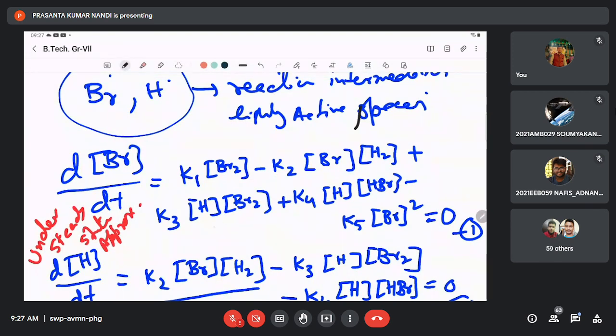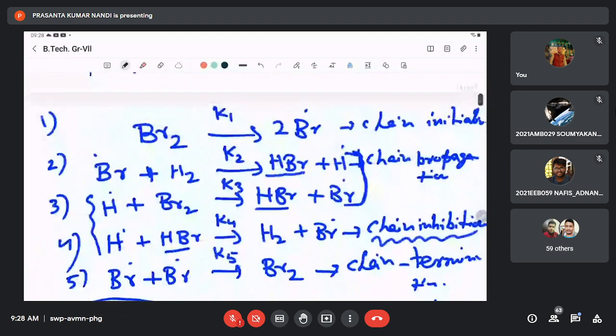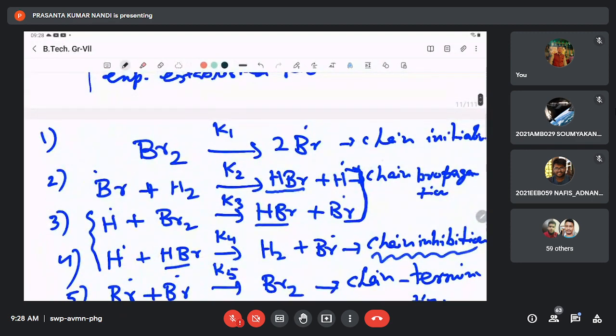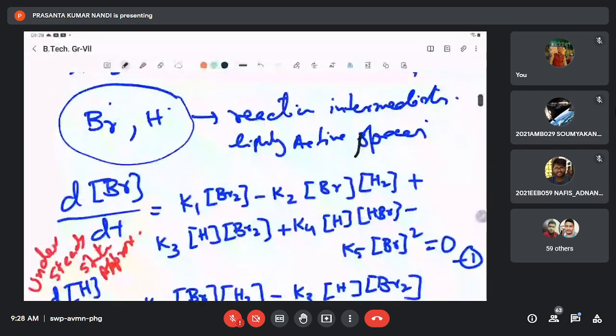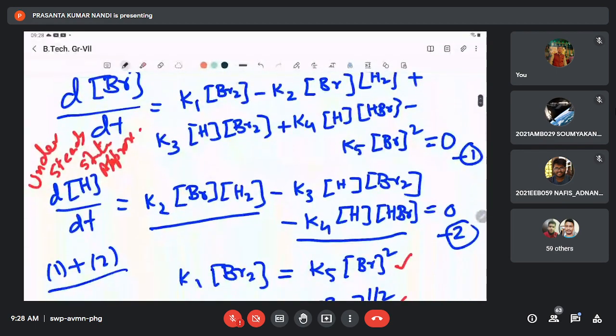Since bromine radical is generated, it is a positive sign, the rate of its formation. Now in the next step also, hydrogen reacts with HBr to produce H2 and Br dot. Just see steps 3 and 4, in both these reactions bromine free radical is generated. So that's why both are positive sign, step 3 and step 4.